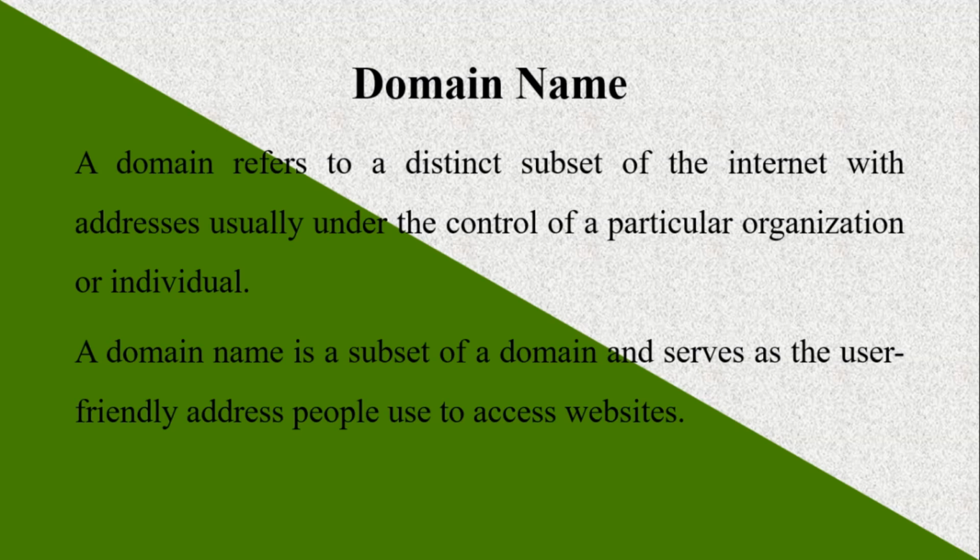What do I mean? For example, maybe my company is Lorry. I have my domain of www.lorry.com. Then on that same domain, I can have maybe www.info.lorry.com, www.clients.lorry.com, www.sp.lorry.com.